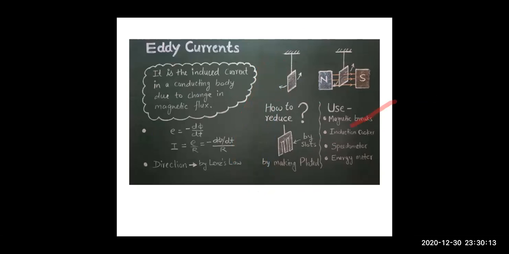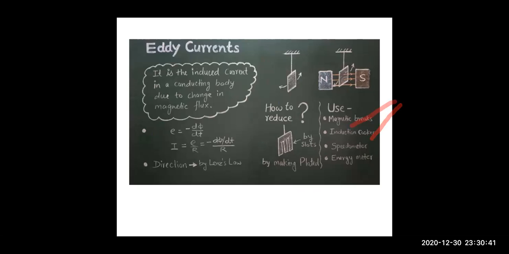So the electric brakes, the magnetic brakes, are one of the places where eddy currents are used. There, large eddy current is produced which opposes the relative motion, and so the train slows down and comes to rest quickly. Right.